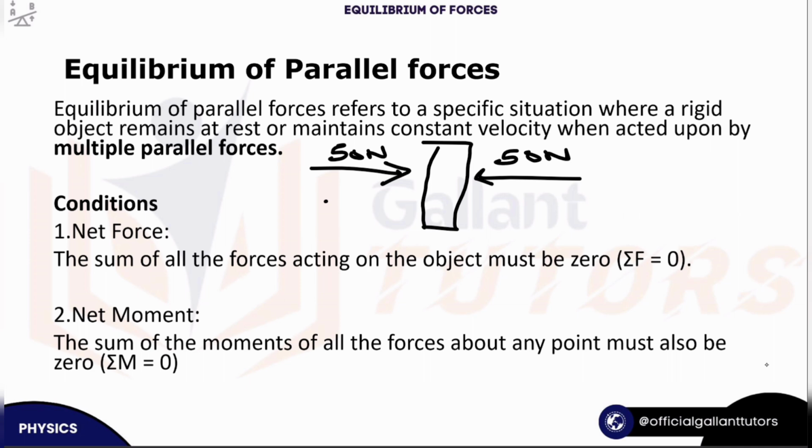In equilibrium of parallel forces, there are certain conditions that tell us that this object is actually in equilibrium. Let's assume this is 20 and this is 10, this 10, and let's say the fulcrum is here. This is just arbitrary.